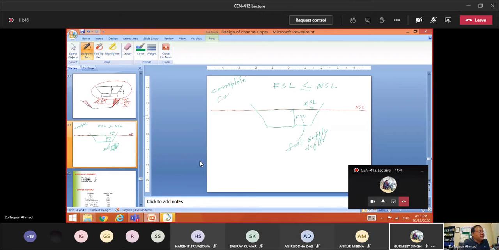It is clear, it means that you have to excavate. Okay, if this full supply level is above the NSL, let me extend this line, and say the full supply level is here.